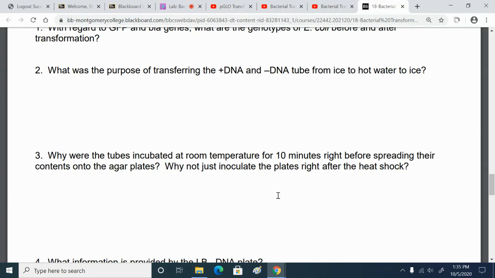So what's in the agar plates? That's important. What's in the agar plates? The antibiotics. Right, so ampicillin's in the plate. So what are we giving the bacteria time to do?